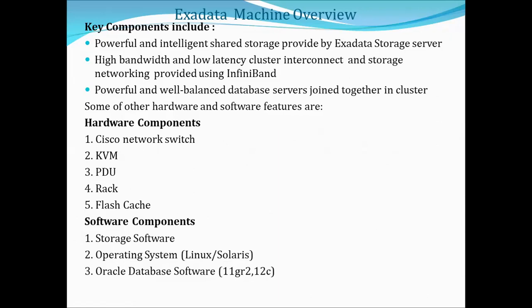Software components: these are the three software components: storage software, operating system, and Oracle database software. For Oracle database software we can use 11g or 12c, and now even 19c. That means in an Exadata machine, Oracle software can be used from 11g onward.